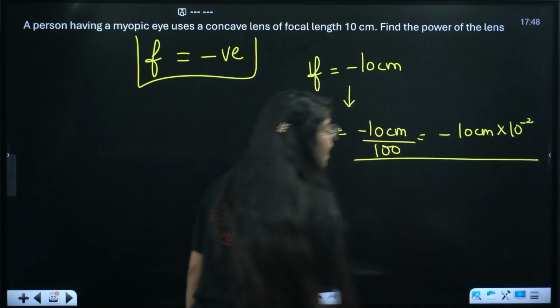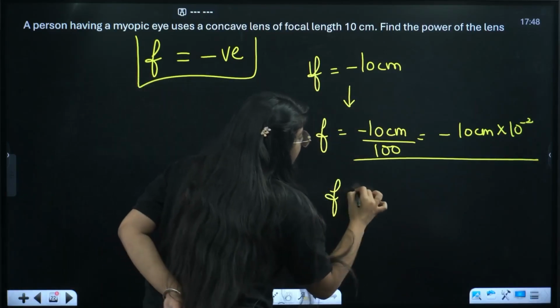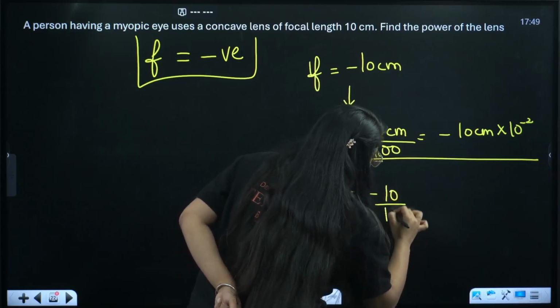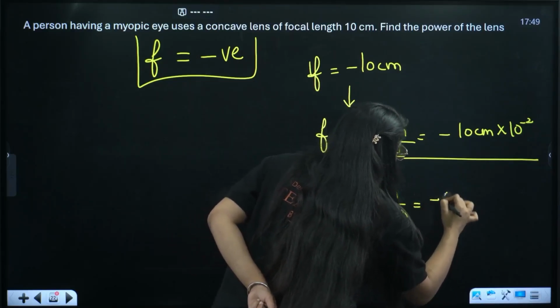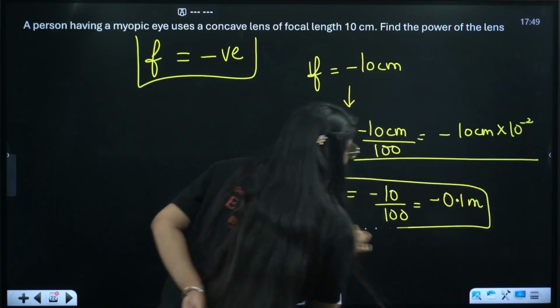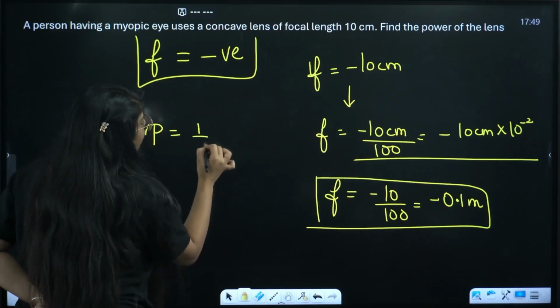These two are the same things. We know that, right? So focal length is simply minus 10 divided by 100, which will be minus 0.1 meters.